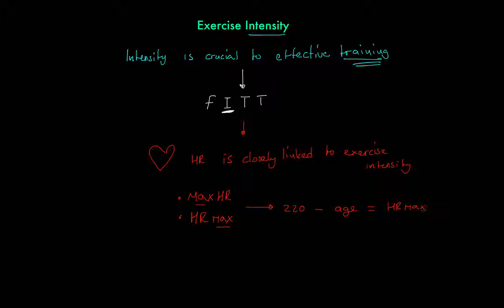Let's look at a couple of examples. Let's think about someone who might be taking part in this tutorial. We've got the figure of 220, and we're going to take away the age of a 16-year-old dancer. So we have 220 minus 16, which gives us a maximum heart rate of, not so surprisingly, 204.